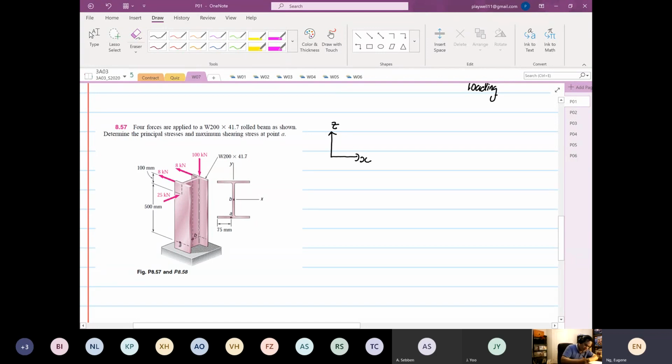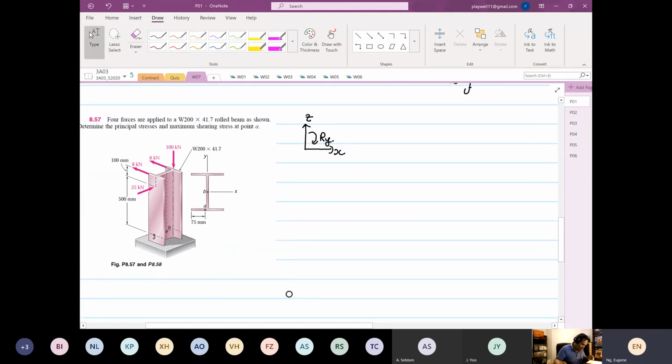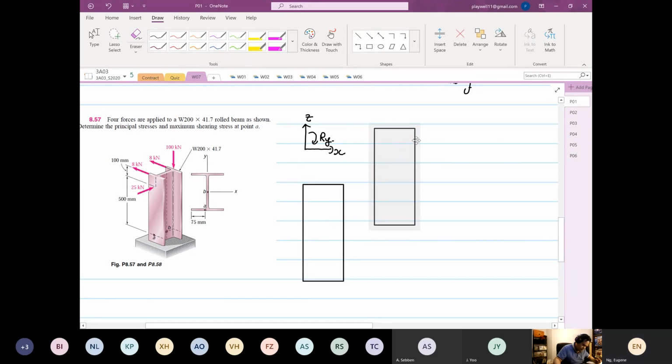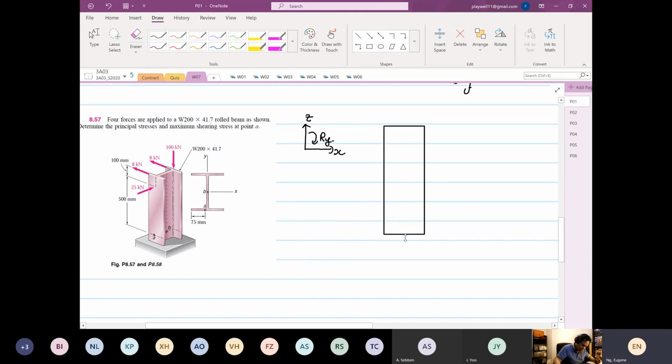When I take that view, we draw the load. Sorry, we draw the cross section out. So I'm going to sketch. This is what we will see, the bottom part.